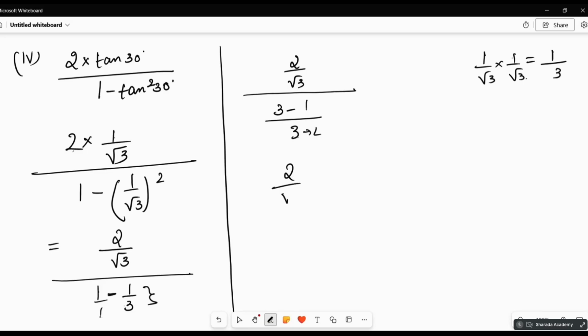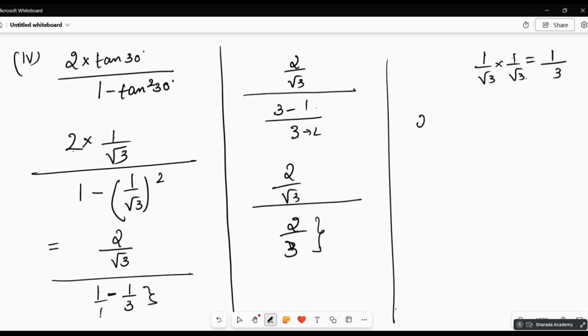So 2 by root 3 divided by, 3 minus 1 is 2, so 2 by 3. So this is division, right? Division will become multiplication. So 2 by root 3. This division, when it goes up, it becomes a multiplication and reciprocal. 2 by 3 will become 3 by 2. 2 and 2 I can cancel.